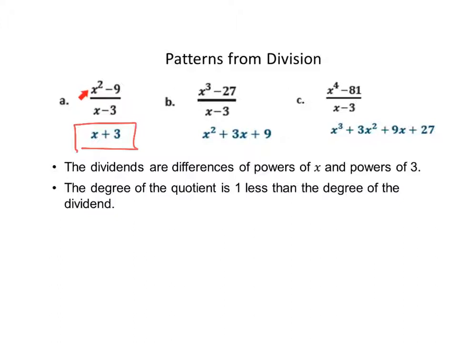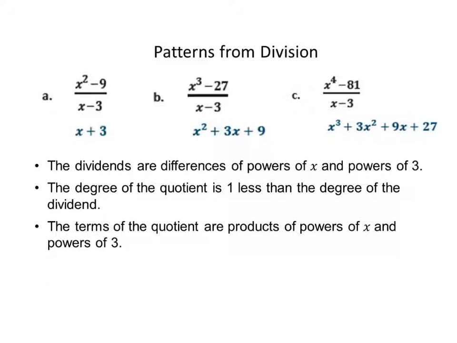So if you're going to be generating quotient from this kind of division, the very first term will be the exponent will be 1 less than the exponent of the dividend. Look, the exponent of the answer, the quotient, 2 is 1 less than 3. 3 is 1 less than 4. That is what I mean by the degree of the quotient is 1 less than the degree of the dividend.